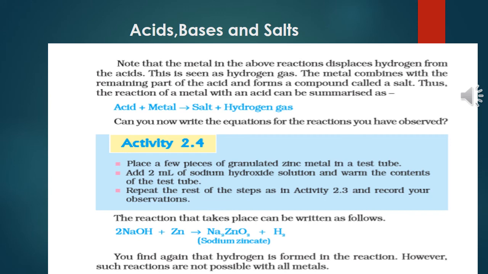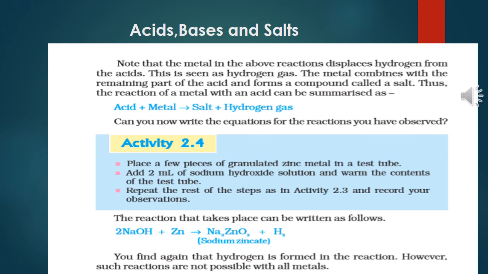Now we'll see what will happen if zinc reacts with base. So here, we react some zinc granules with sodium hydroxide, a strong base. Remember this one, it is the strongest base. Sodium hydroxide means NaOH.